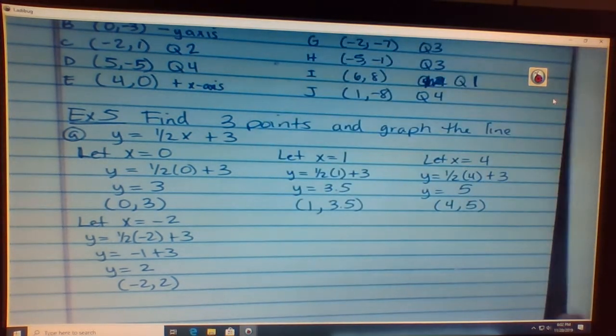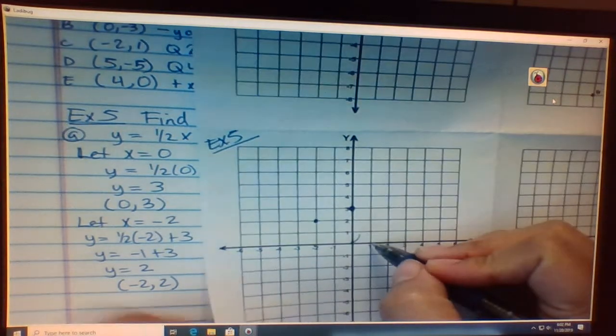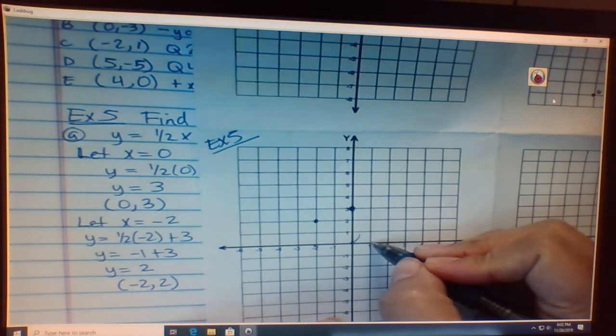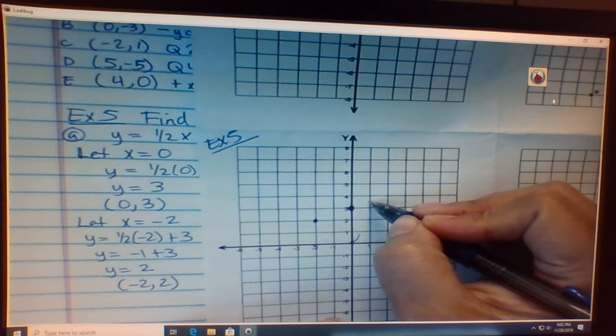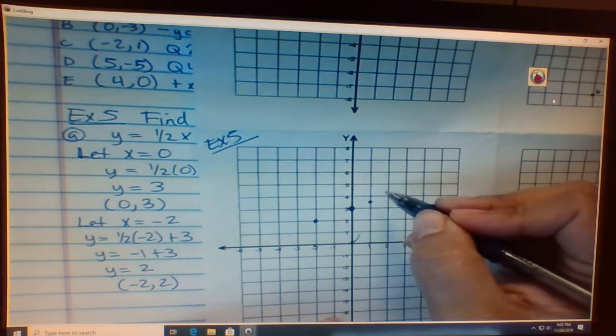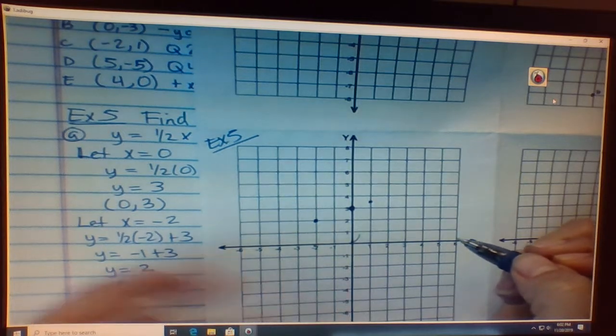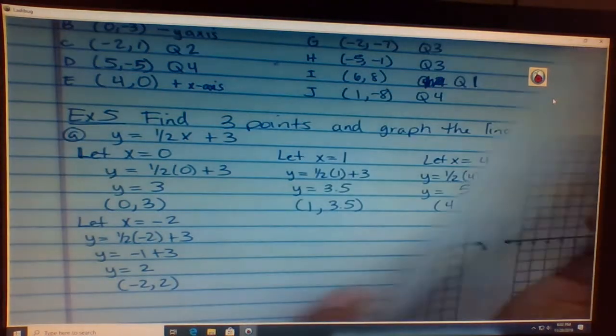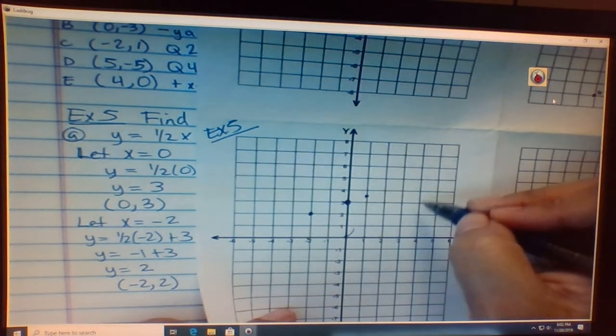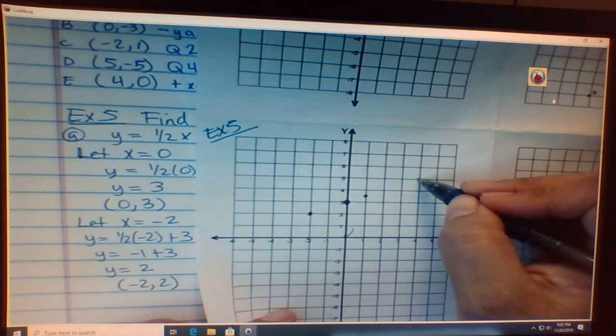What's the other one? 1, 3 halves. This is it, it's in between the 3 and the 4. You could do halves, you could do anything, honestly. And then we have 4 and 5.